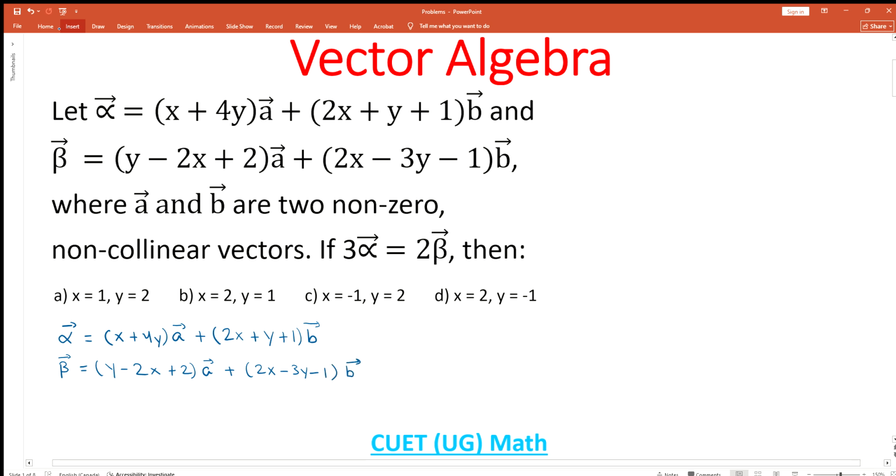We have to find the values of x and y if 3 times vector alpha is equal to 2 times vector beta. We can use this information to write an equation. We should multiply vector alpha by 3 and we should multiply vector beta by 2.